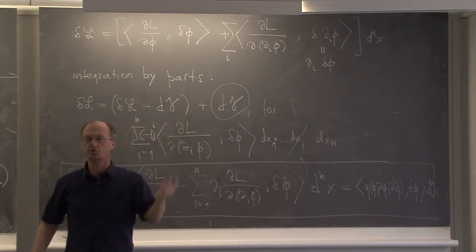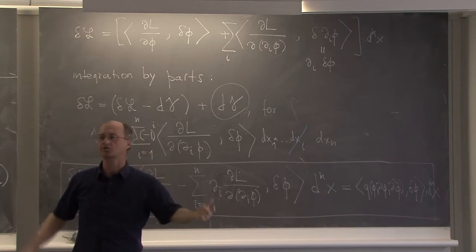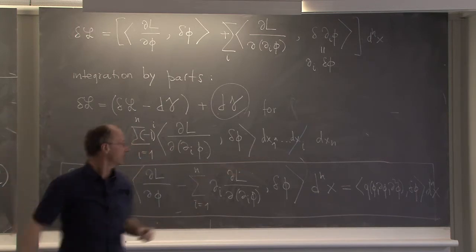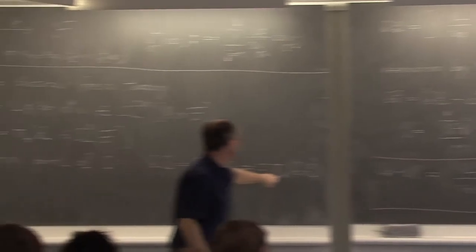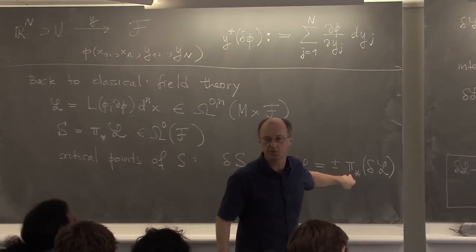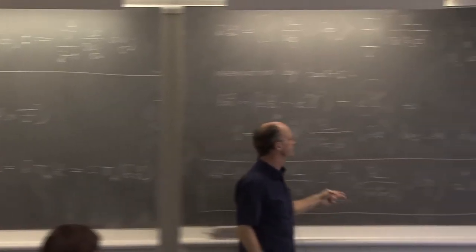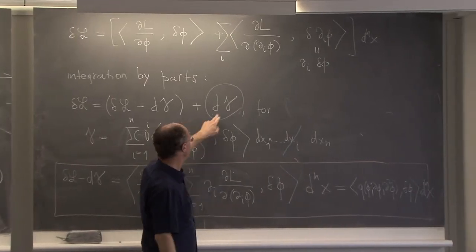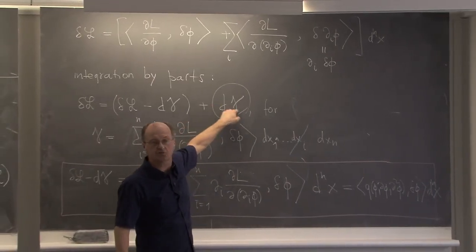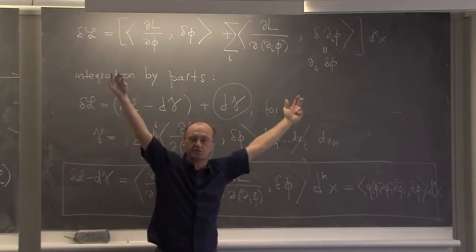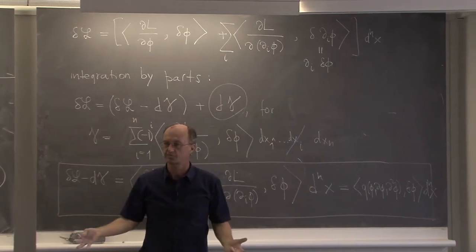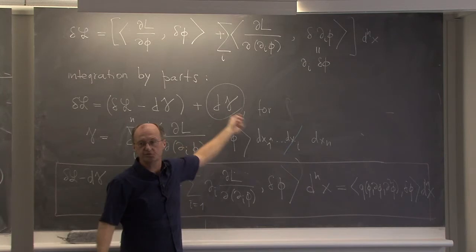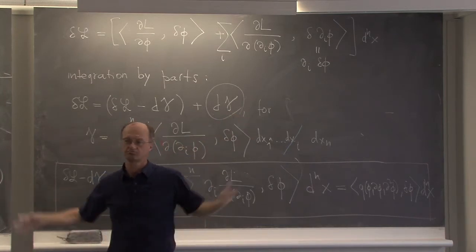So remember, there were all those terms that we wanted to die on some boundaries. Now this pi star, that's an integral over m. If m has boundaries or it has infinities, then there will be contributions from the integration of this exact form at these infinities or boundaries. And typically we want it to be 0, but not all the time.